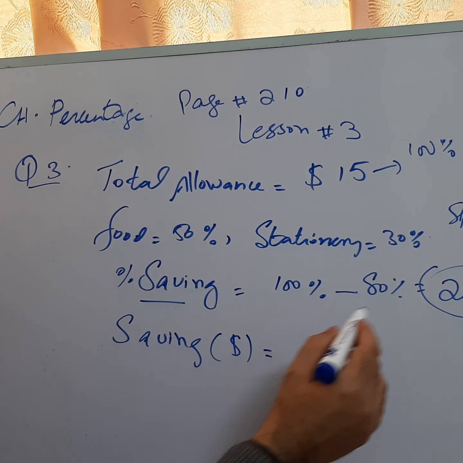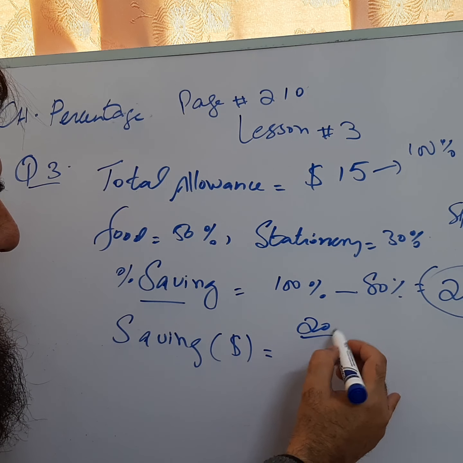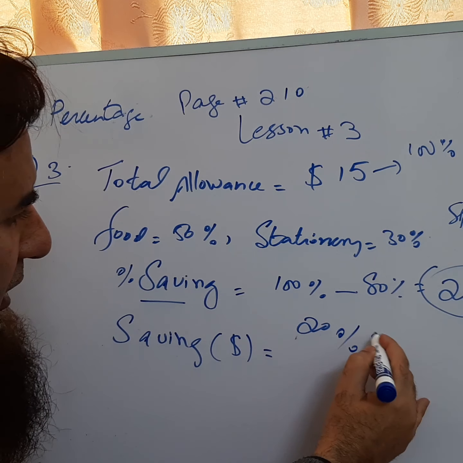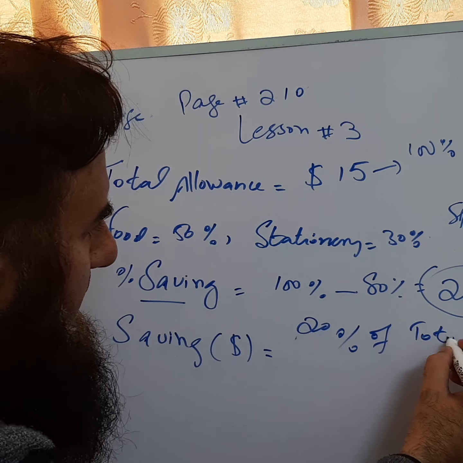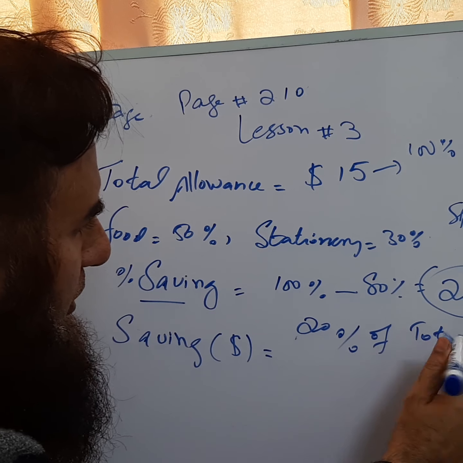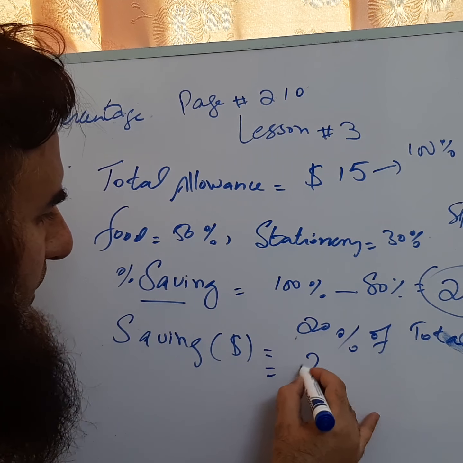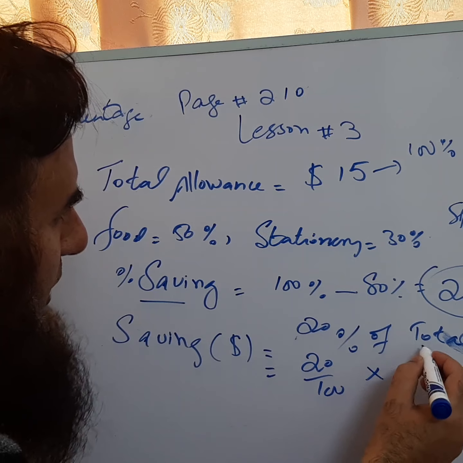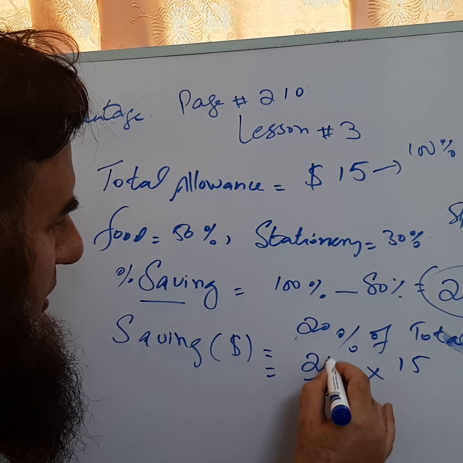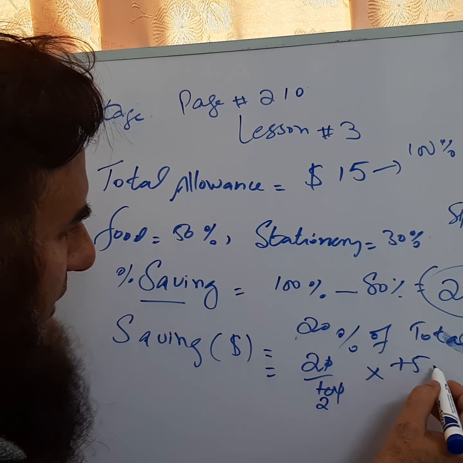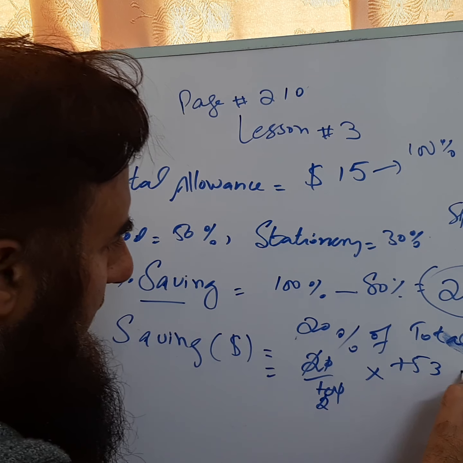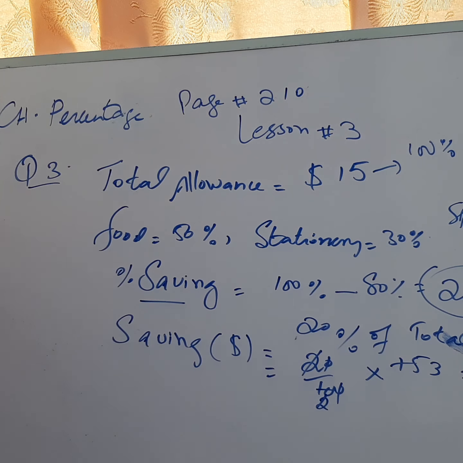Very simple. 20% of the total amount is saving. 20% means 20 over 100, of means multiply, total is 15. 0 will go with this, 5 2s are 10, 5 3s are 15, 2 will go with this. So $3. This is the amount she saved, which represents 20% of the total amount.